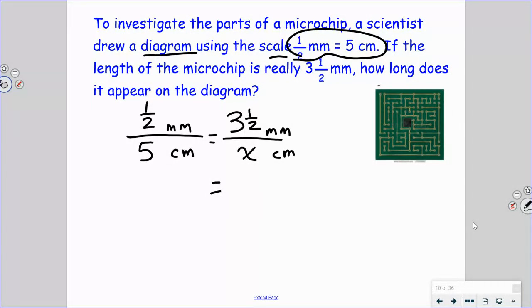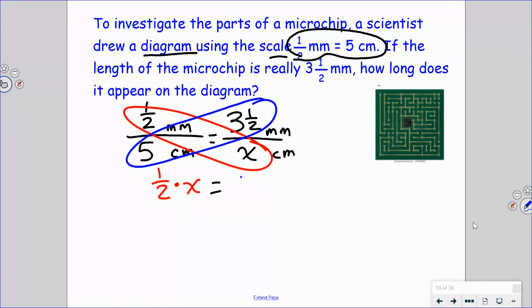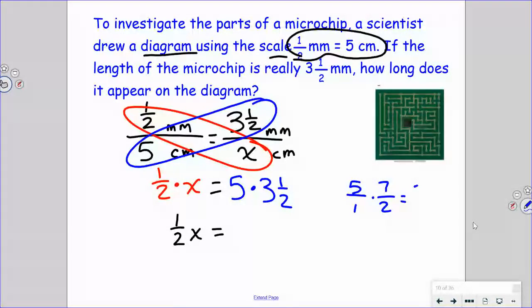So we go ahead, take our cross products. 1/2 of x is going to be equivalent to 5 sets of 3.5. Now, we don't know what 1/2 x is. After all, x is unknown. But we can multiply 5 times 3.5. And again, I could change that to a mixed number, but why bother right now?